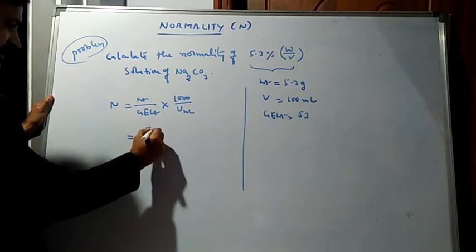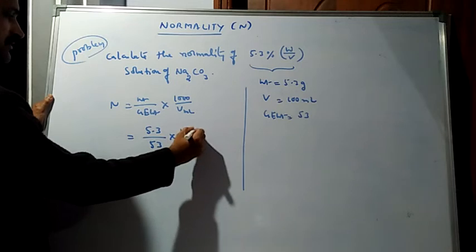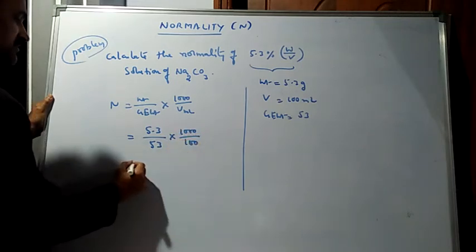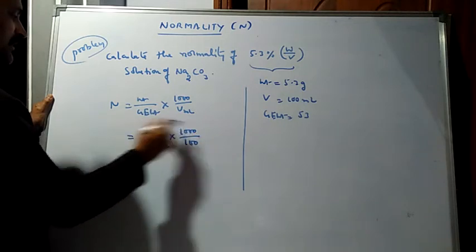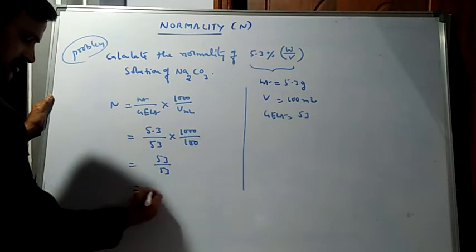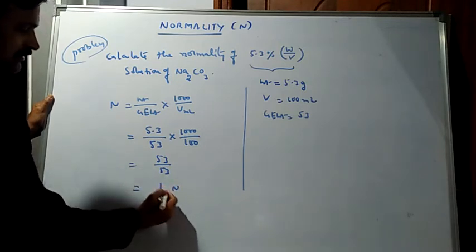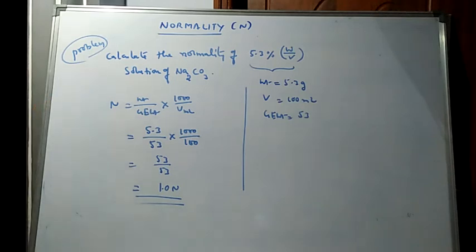So weight is 5.3, GEW is 53, into 1000 by volume 100. If you cancel, this is 10 times 5.3, which is 53, and again 53 by 53, you will get the answer 1. So 1 is the normality of this solution. Hope you understand this model.